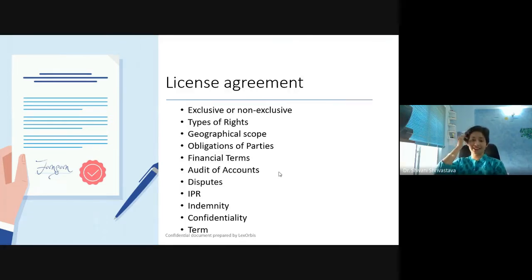Obviously, this will explain everything related to the consideration. Then audit of accounts; what will happen if there is a dispute between the parties; the IPR, like who owns the IPR on modified technology; the requirement of having an indemnity clause; then confidentiality; and the term of the license.